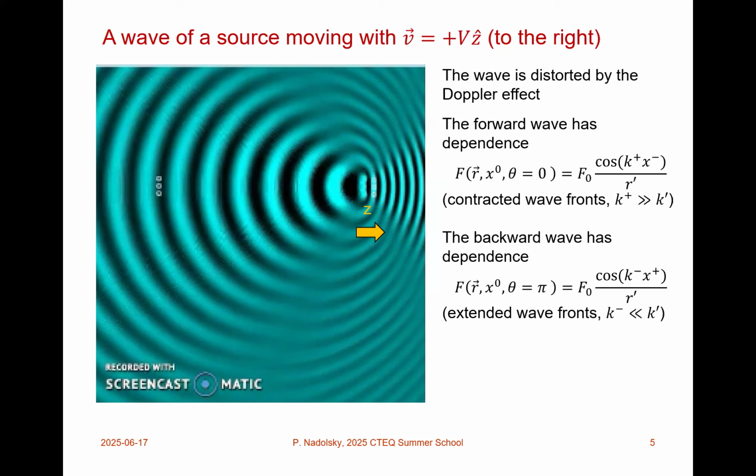The backward wave has dependence cosine(k minus x plus). All the energy of the radiation forward is now squeezed in this shock wave here, and all the energy which goes behind is an afterglow.